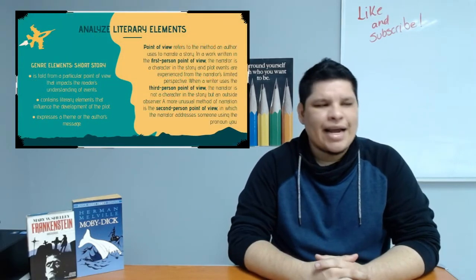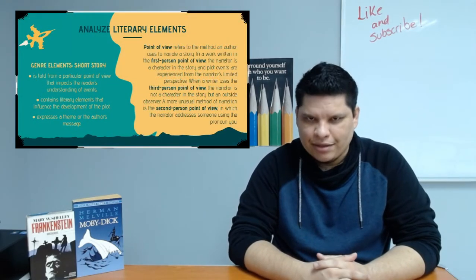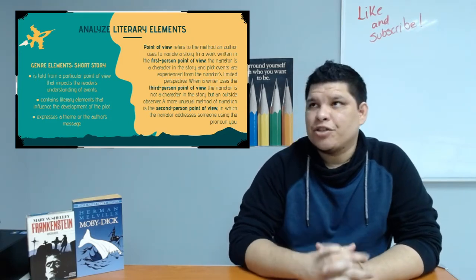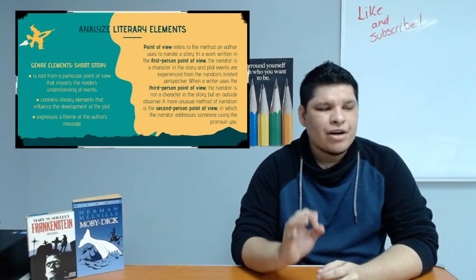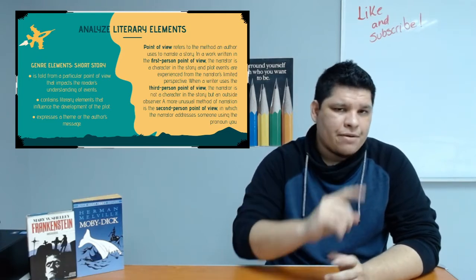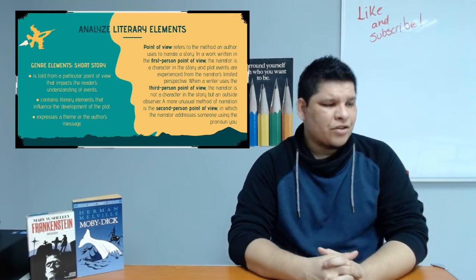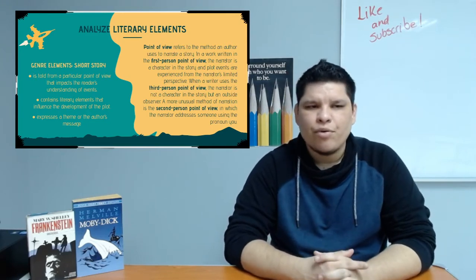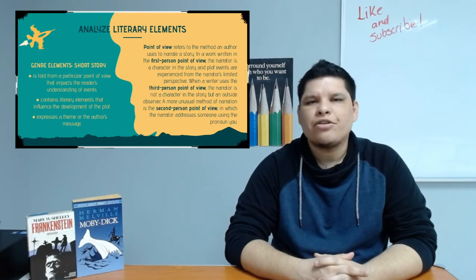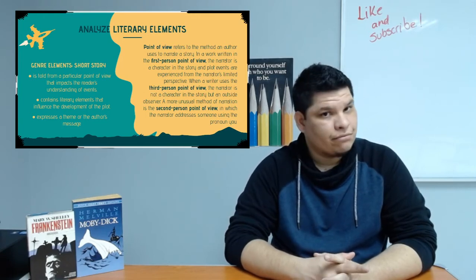We're going to analyze literary elements in this lesson. The first thing that we have to take into consideration are the genre elements of a short story. Number one, it's told from a particular point of view that impacts the reader's understanding of events.